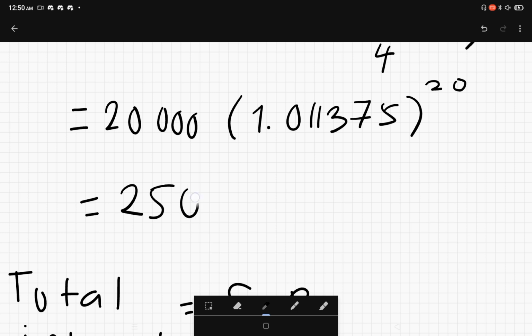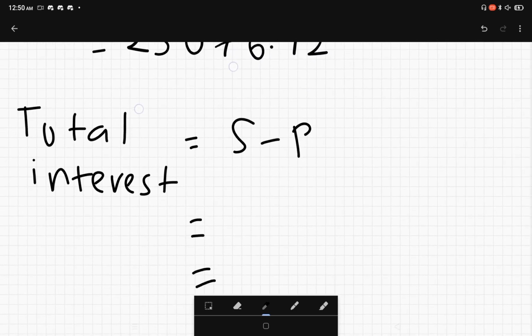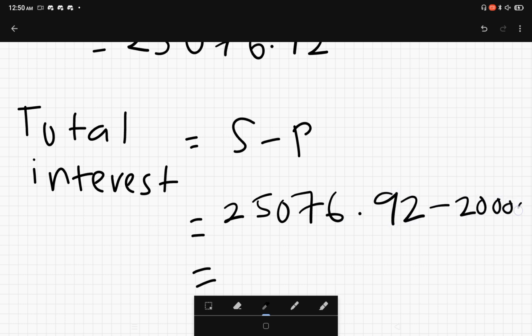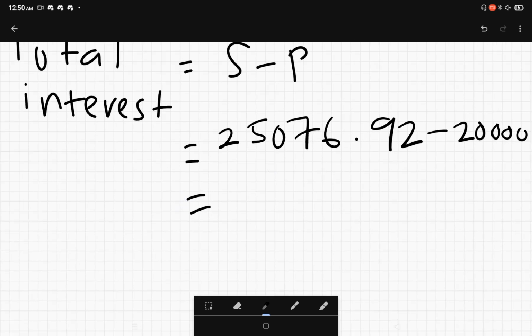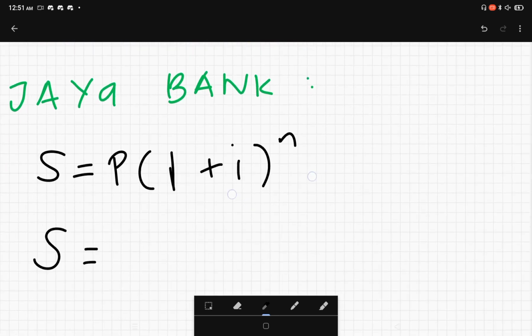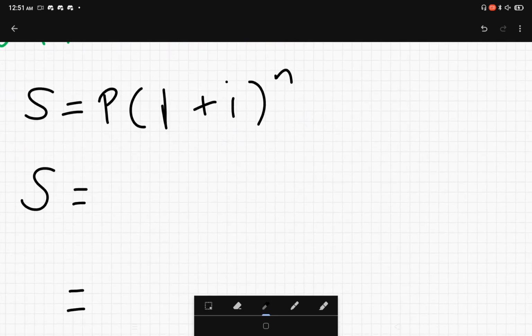So the answer for S is 25,076.92, and for the total interest, 25,076.92 minus 20,000. So the answer for the total interest is 5,076.92.